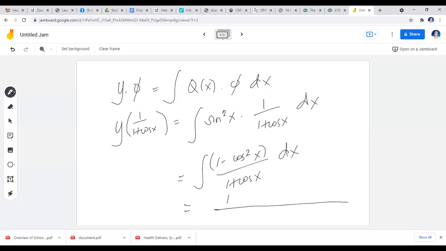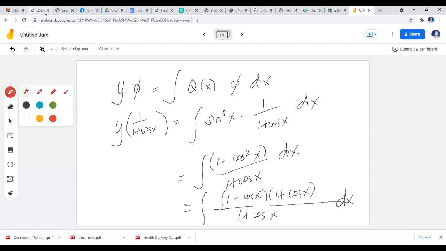You have 1 minus cosine of x and 1 plus cosine of x, and you have 1 plus cosine of x here, and you have here dx. So, what happens here? You can cancel the expression 1 plus cosine of x, leaving you with a very simple integral to process on the right side. So let's go to our next slide.